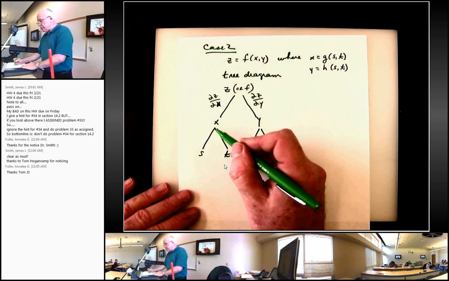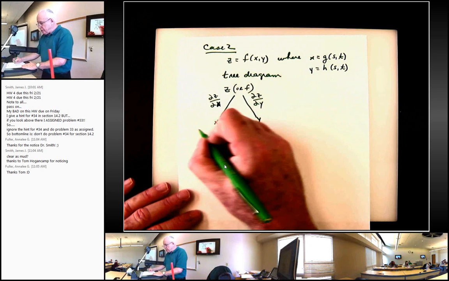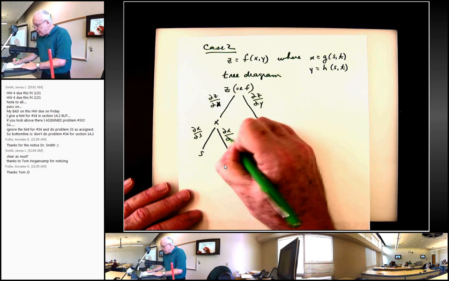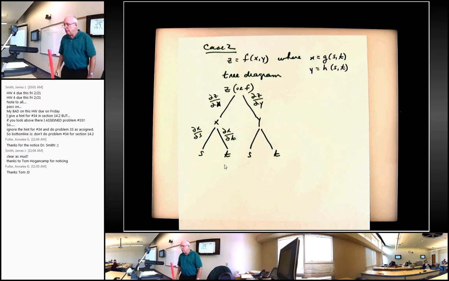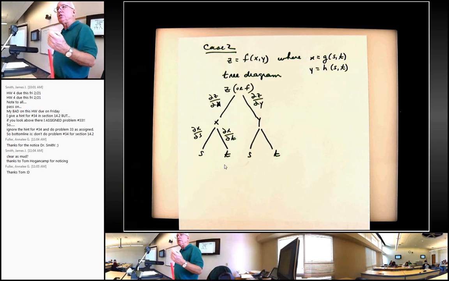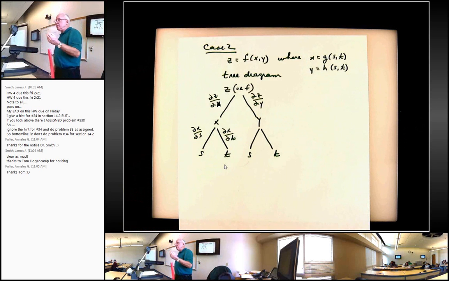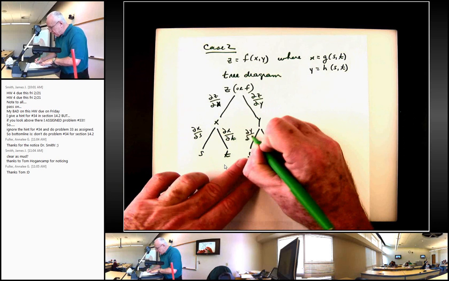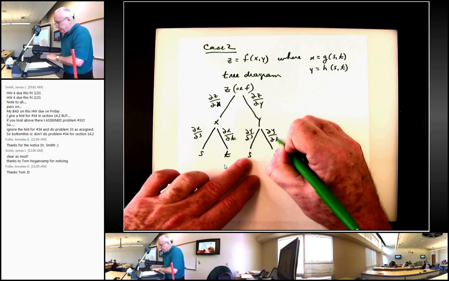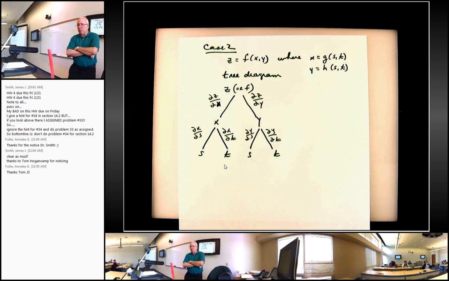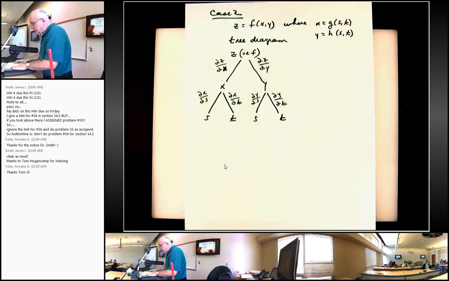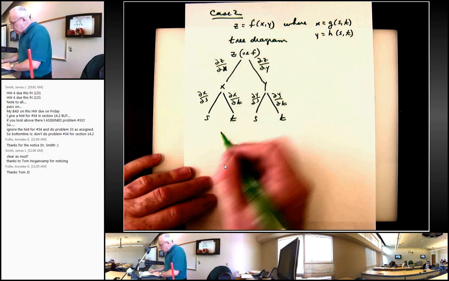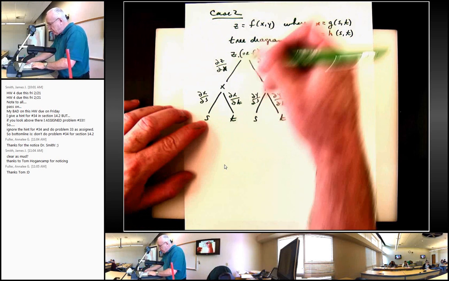Now let's look at these. x and s, x and t. So this is delta x, delta s, delta x, delta t. And again, I'm using that delta notation because they're functions of two variables. And then here we have delta y, delta s, and delta y, delta t. All right. So from that tree diagram, I can get the formula, let's start with going from z to s.